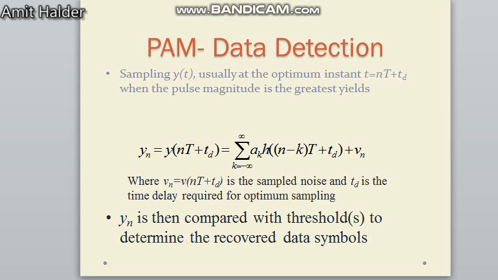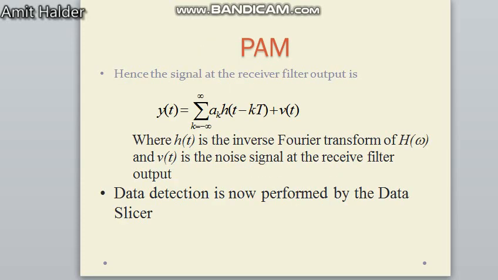So we sample y(t). We have to resample y(t), usually at the optimum instant nT plus Td, when the pulse magnitude is the greatest. What is nT plus Td? Here you can see there is t minus kT, right?